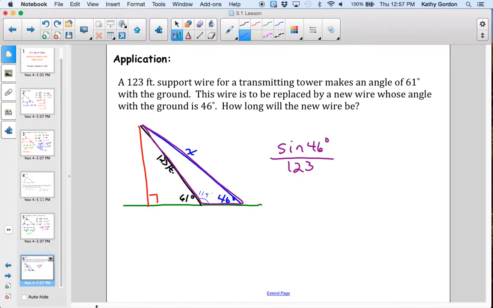That allows us to set up one of our ratios. And then what's 119 across from? X, which is what we're trying to find. So that allows us to set up our other ratio, and then solve for the missing piece.